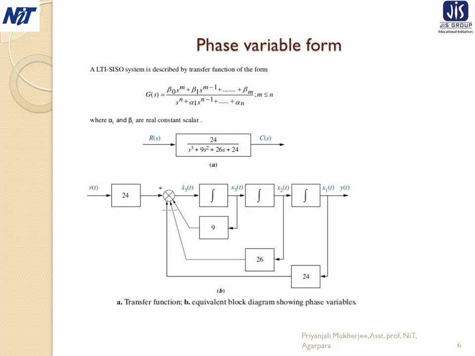Then we find that x3 dot is equal to 24 into r minus 9 into x3 minus 26 into x2 minus 24 into x1. So this minus 9, minus 26 and minus 24, which are the coefficients of the denominator, have been used as the feedback, and the feedback signs are negative feedback. This one represents the block diagram which shows the phase variables.